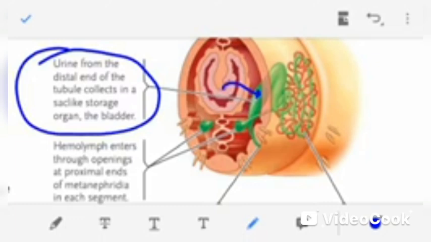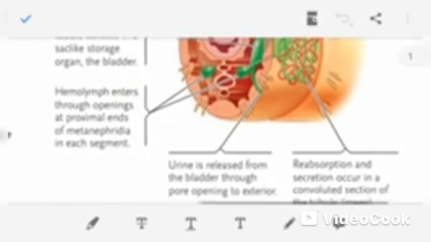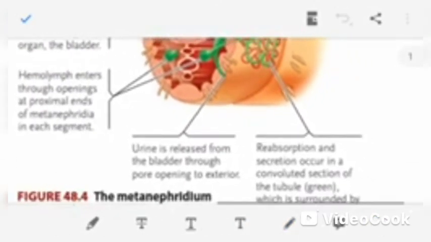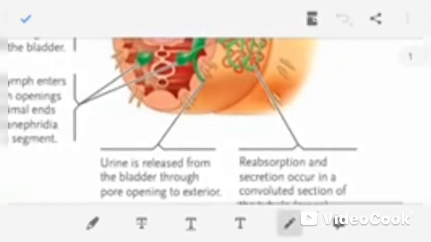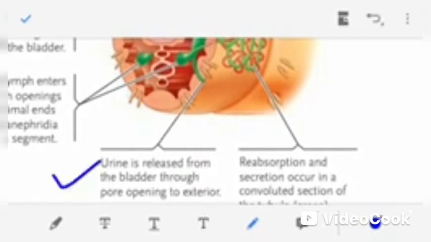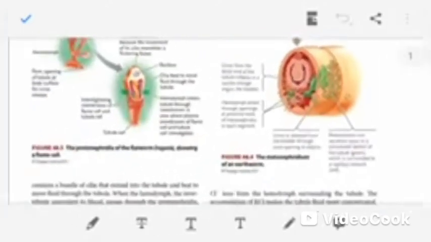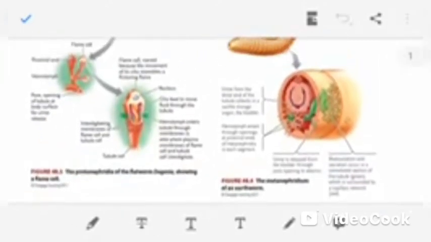Here it is stored for a while, and once the bladder is filled with urine, the urine is released outside from the pore. So these are the steps by which urine formation takes place in the metanephridium of an earthworm.